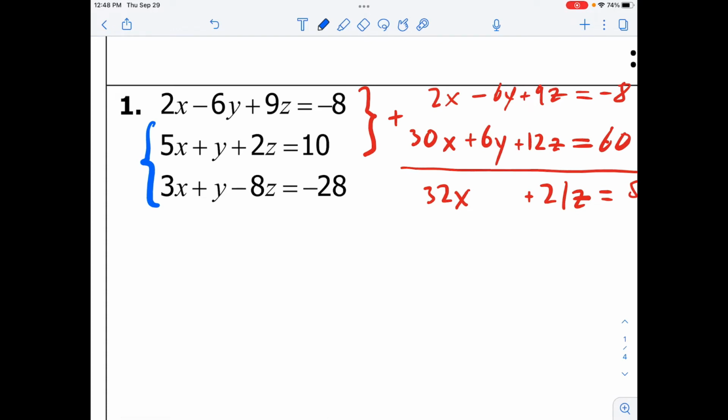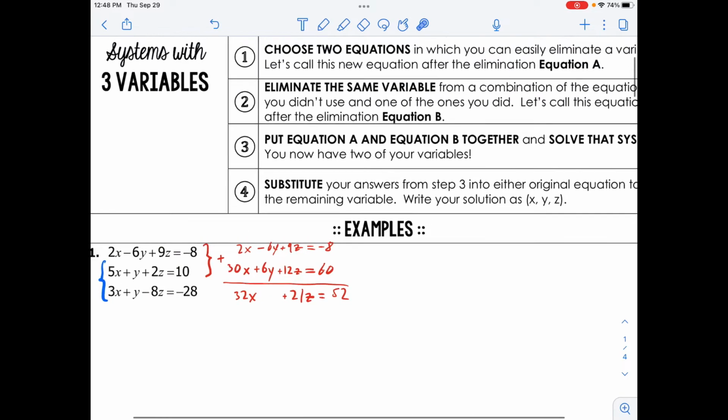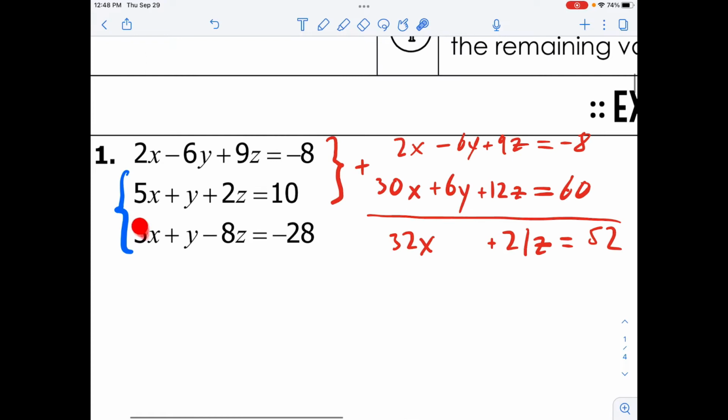I'm going to do elimination on these two equations with the blue bracket next to them. I have to eliminate that same variable. I can't say, let me eliminate x or let me eliminate z. Whichever variable I eliminated in my first step, y, has to be the variable that I eliminate in my second step. So I've got to eliminate y here.